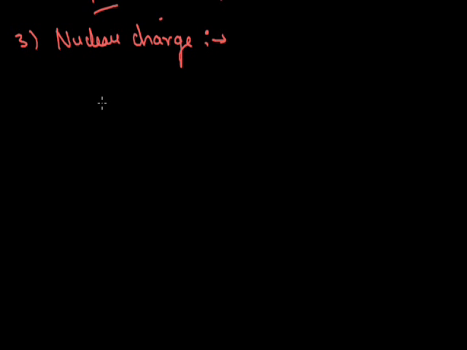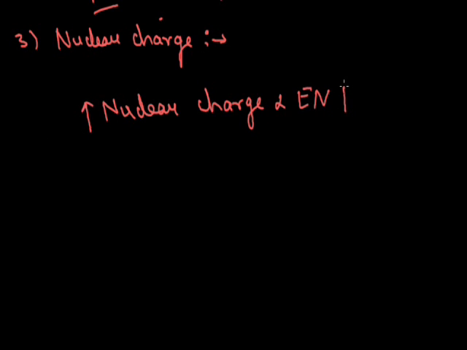Thus, nuclear charge and EN are directly proportional. It means if the nuclear charge is more, then EN tends to be more. With increasing nuclear charge, the force of attraction between the nucleus and the valence electrons increases, and therefore the electronegativity value increases.